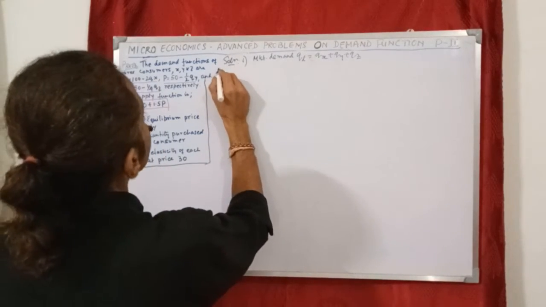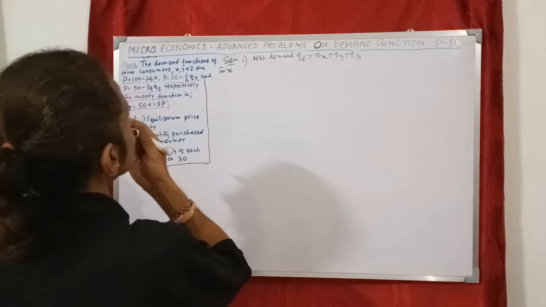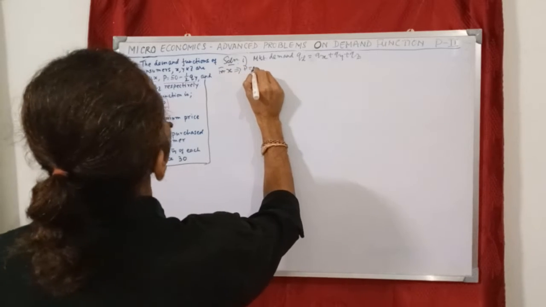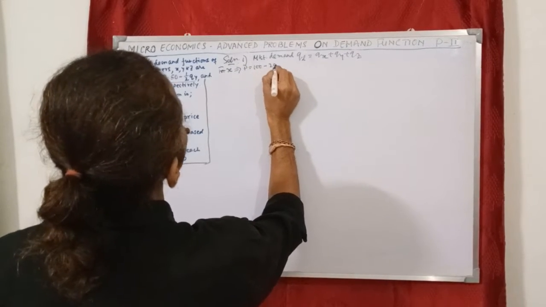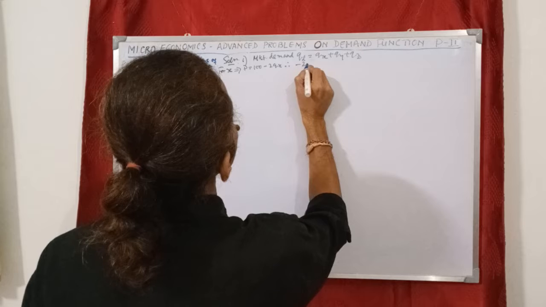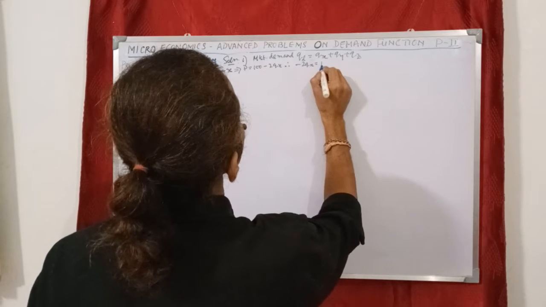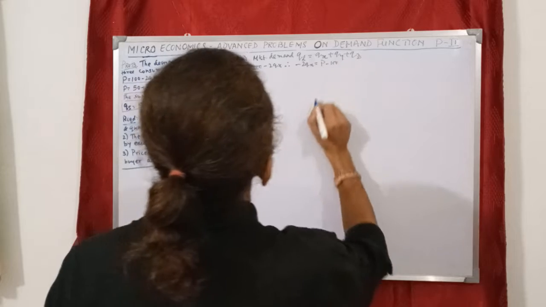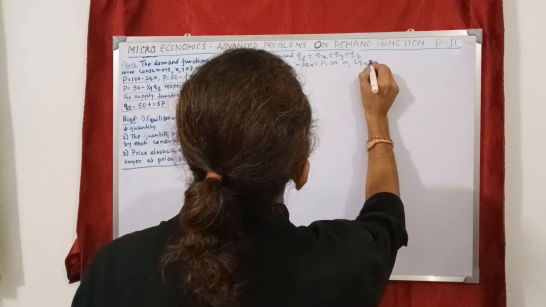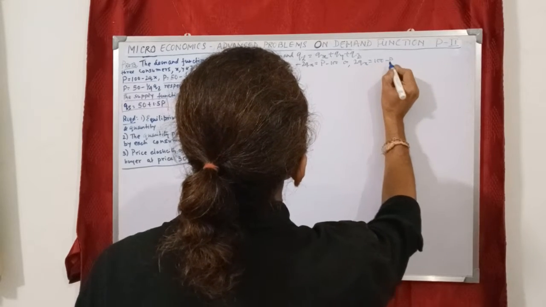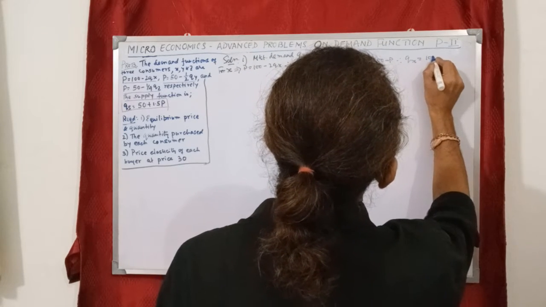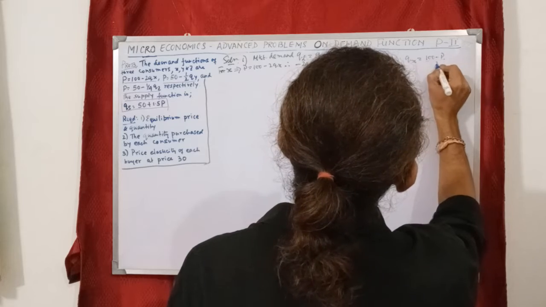So for individual X, P equals 100 minus 2qx, therefore minus 2qx equals P minus 100, or 2qx equals 100 minus P, therefore qx equals (100 minus P) divided by 2.